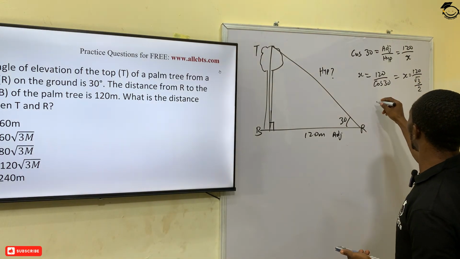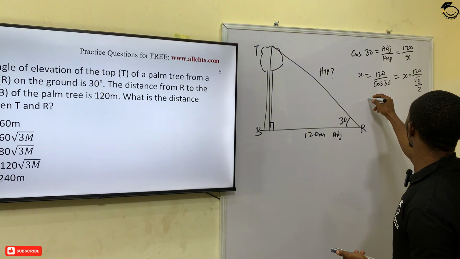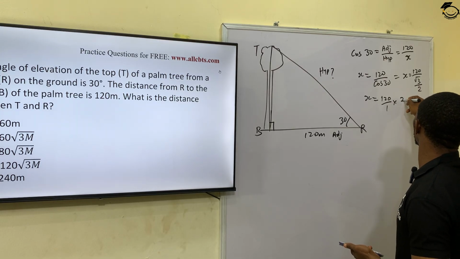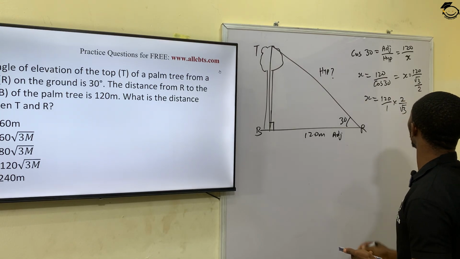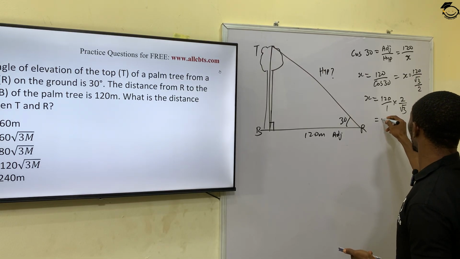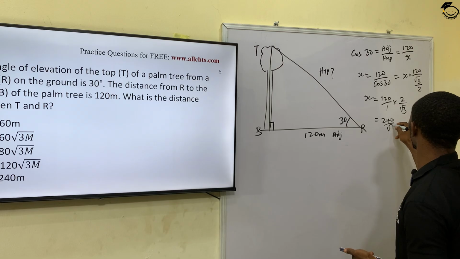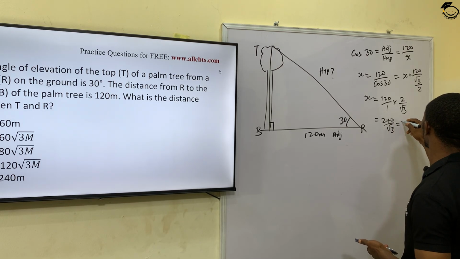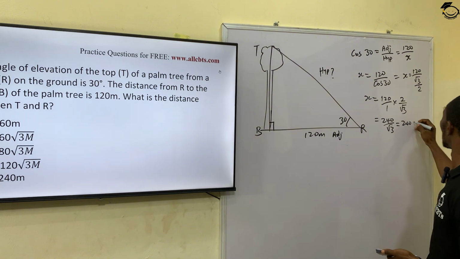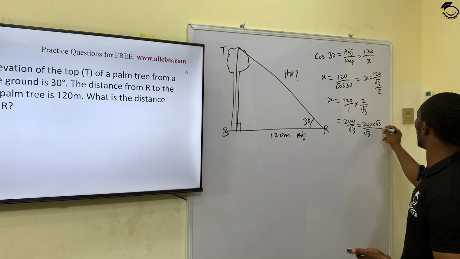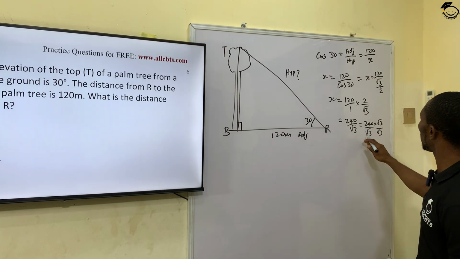Inverse of this will give us x equals 120 over 1 times 2 over root 3. Now if we rationalize this, we have 240 over root 3, which when rationalized will give us 240 times root 3 over root 3 times root 3.